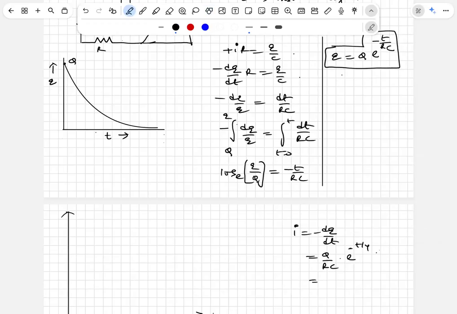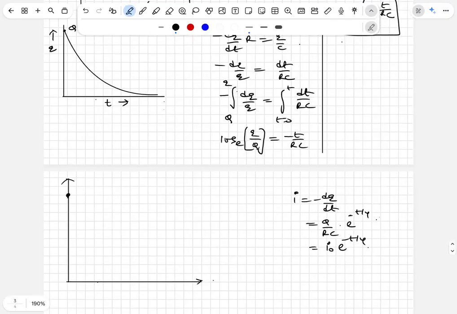Remember, Q by C is the initial potential drop. Potential drop by resistance gives the initial current, meaning the current at t is equal to 0. This is the current at t is equal to 0. This is also behaving the same way.